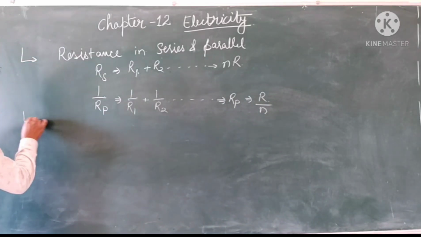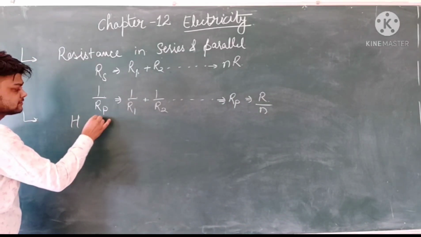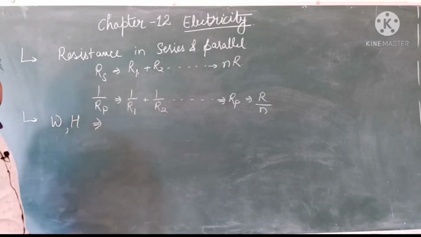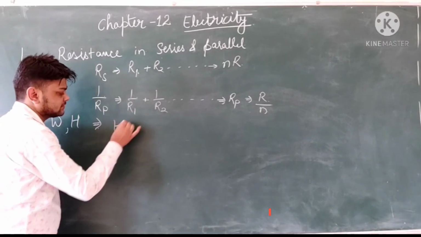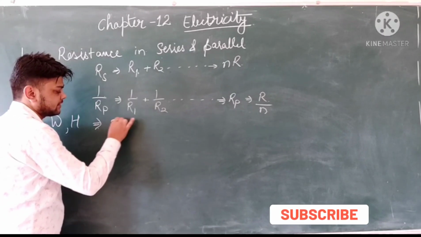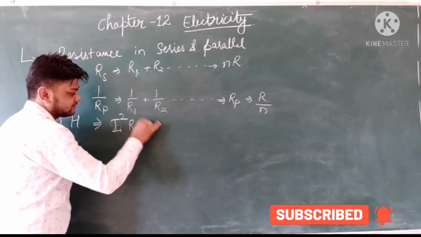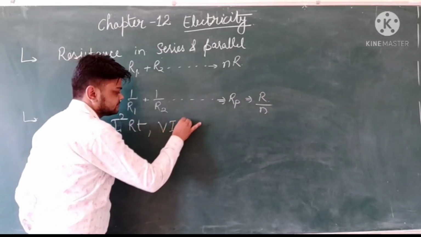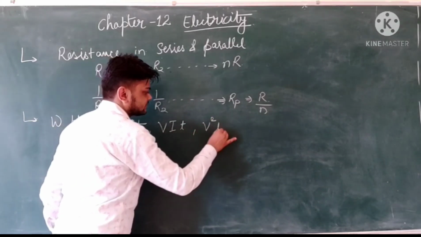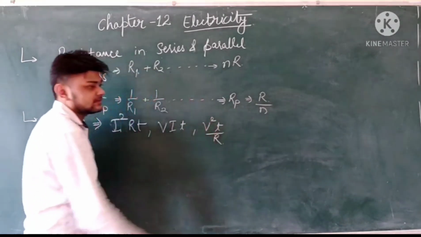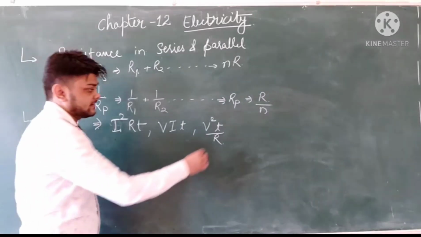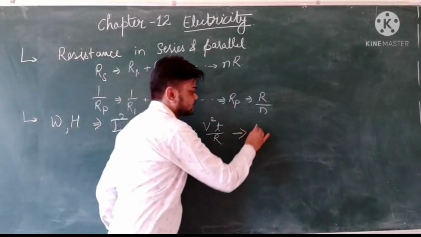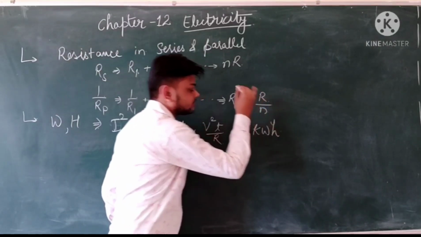Then we went on to calculate the heating effect of current, or work done, or energy in this case, where we found three equations: I squared Rt, VIt, and V squared t by R were the equations for heating. And we found that the commercial unit of energy was the kilowatt hour.